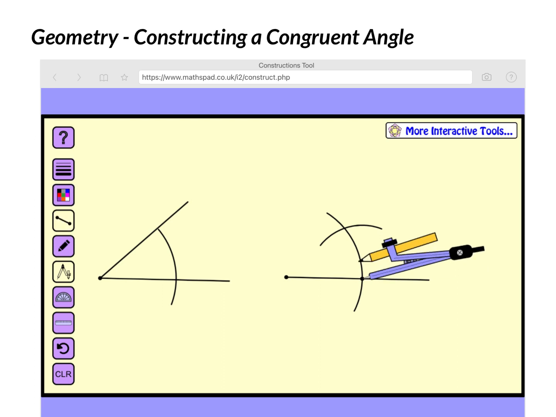Let me move this out of the way. And now I'm going to take a straight edge, and I'm going to draw a line from my original point to where those two arcs intersect. And what I have done now is created a congruent angle.